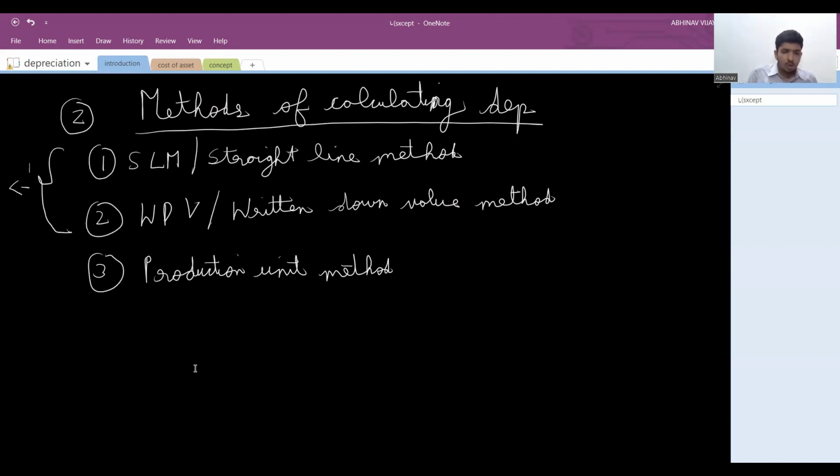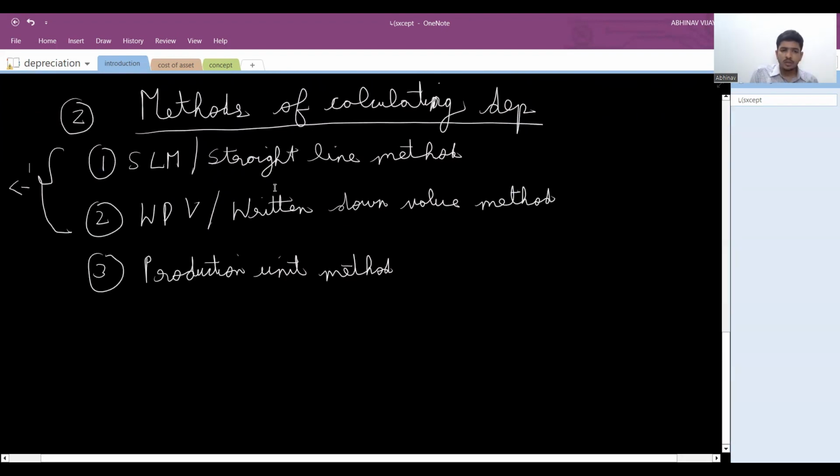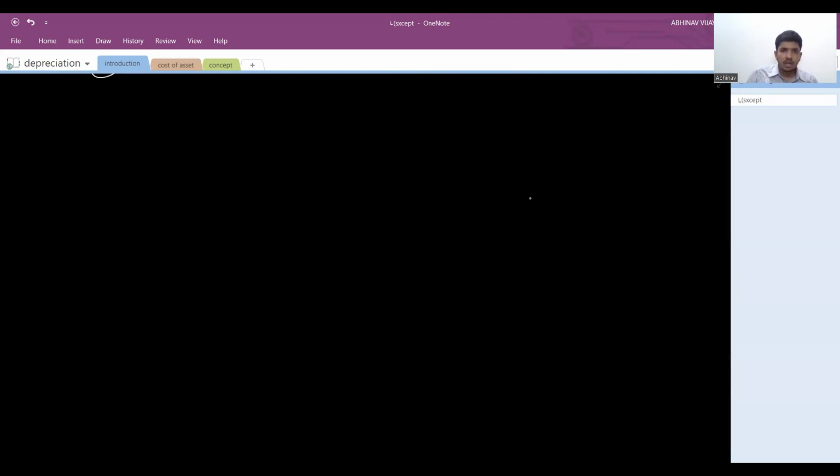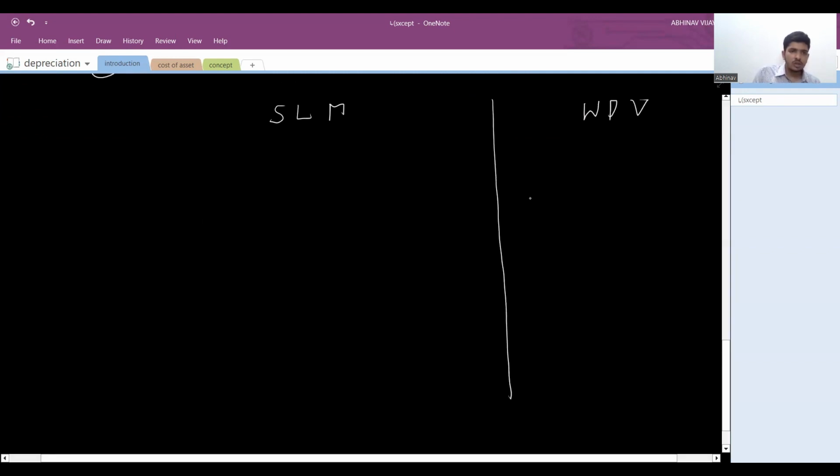Now, to understand these two methods, I'm going to give you a question. Write this here: SLM here and WDV here. Underline it also.